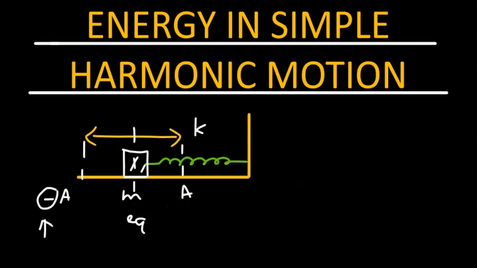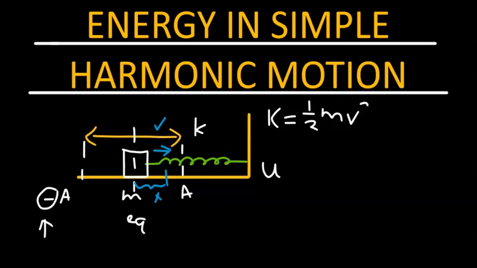Since this block moves, at any one point, say at that point where the displacement is x and the block is moving with some speed v, the block would have both kinetic energy and elastic potential energy. The kinetic energy is given by half times the mass of the block times the square of the speed of the block at that point.